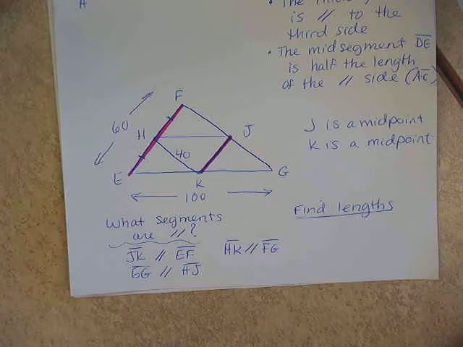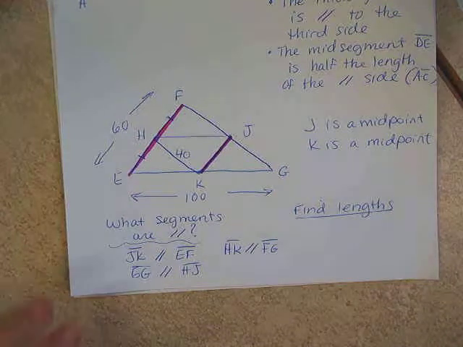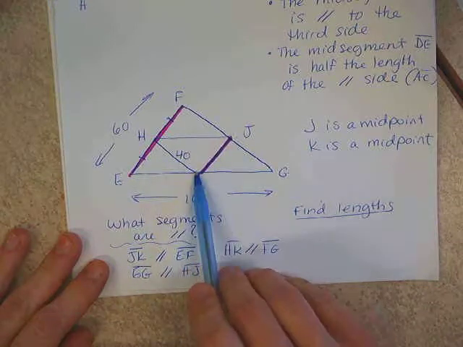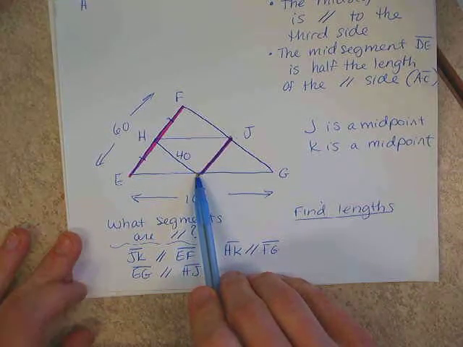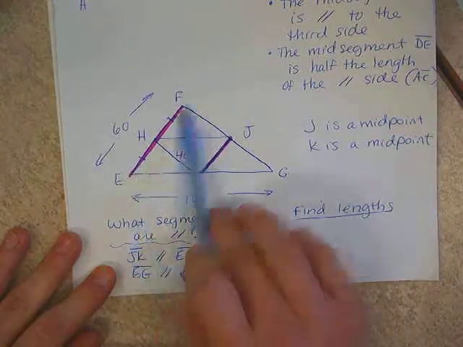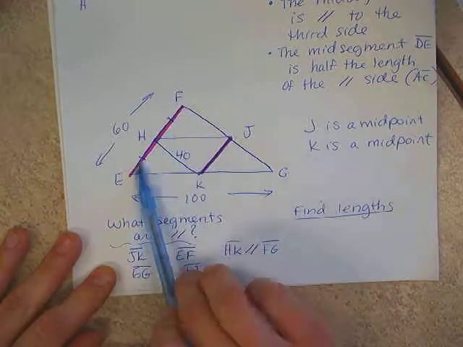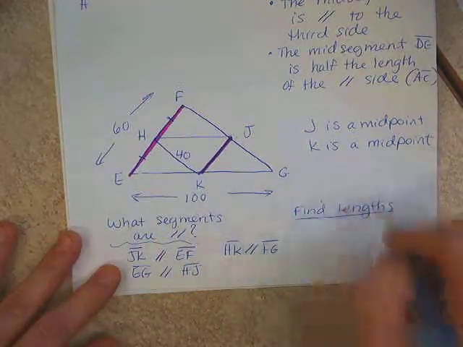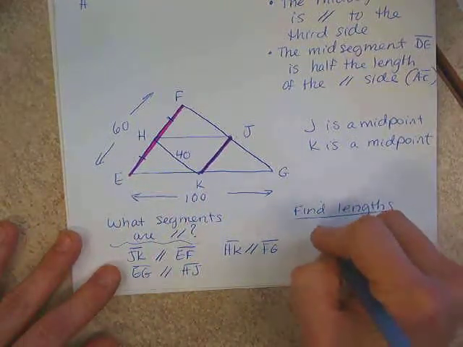So let's start here. We know that this is 60, and we know that this is parallel, so those also have a relationship when it comes to their length. Okay? We said that the long one is twice as big as the mid-segment, right?